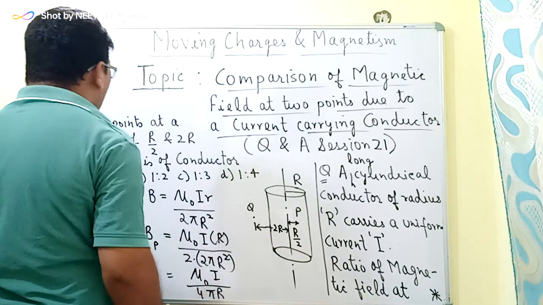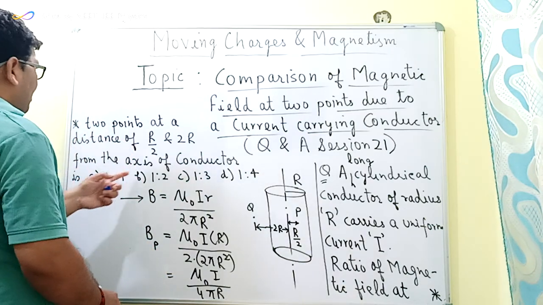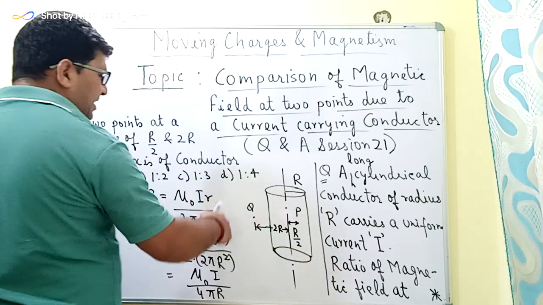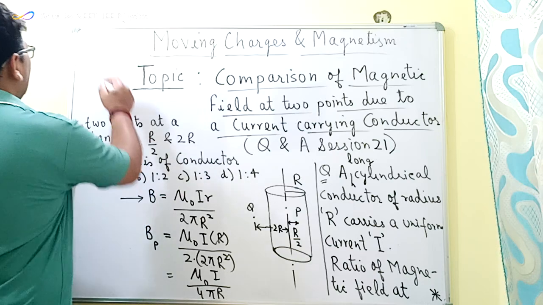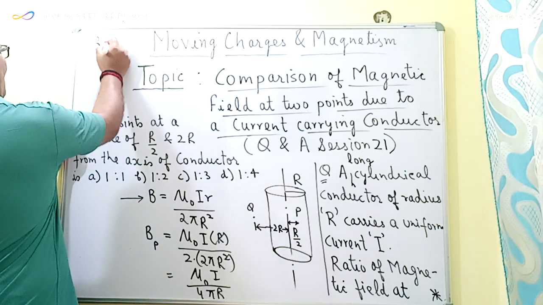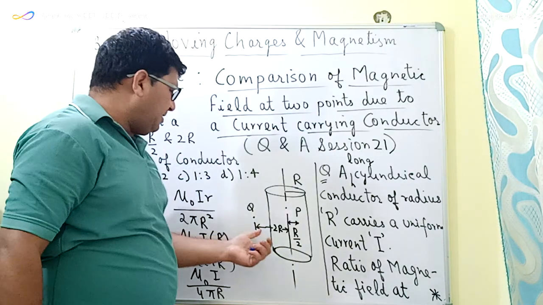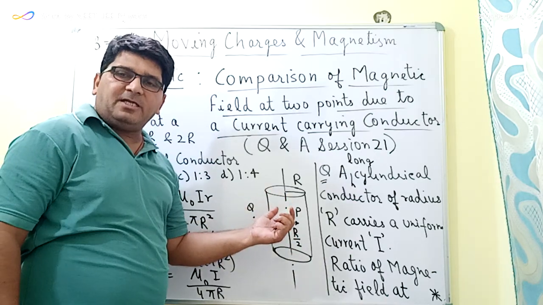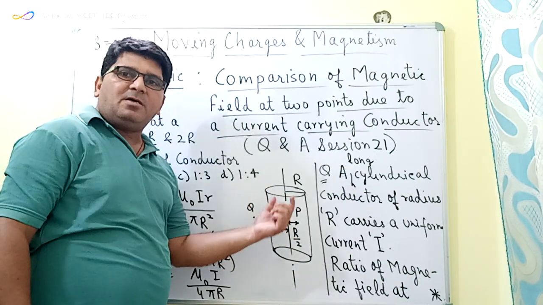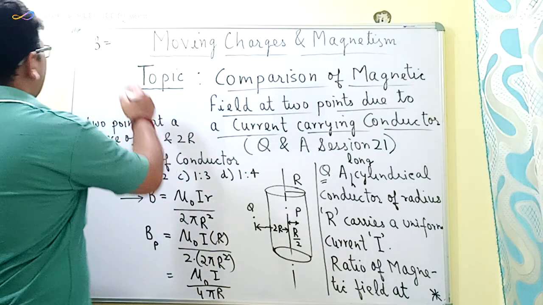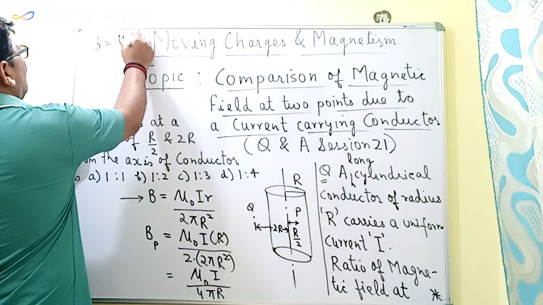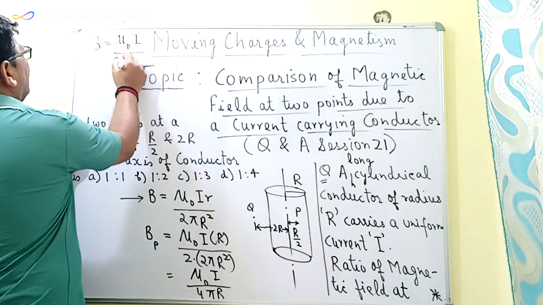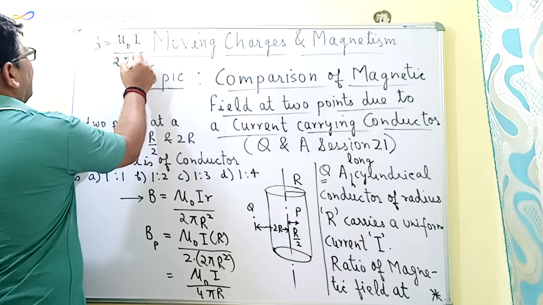Now for this point Q, which is at a distance of 2r from the axis of the conductor, this point is lying outside this current carrying conductor. So for a point lying outside the conductor, the formula for the magnetic field is mu naught I upon 2 pi r.